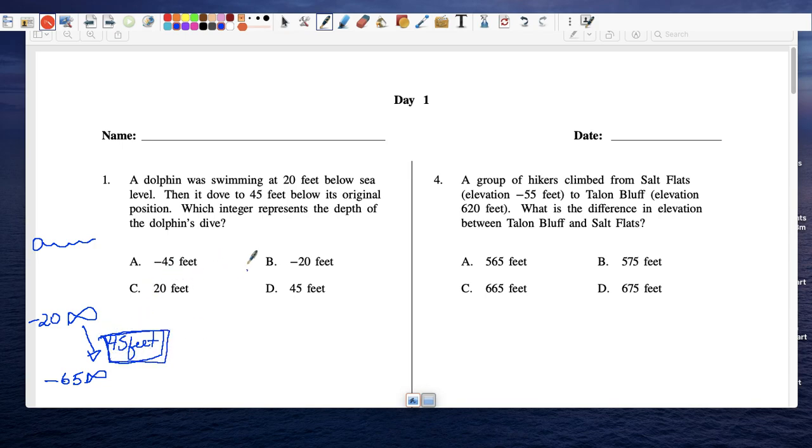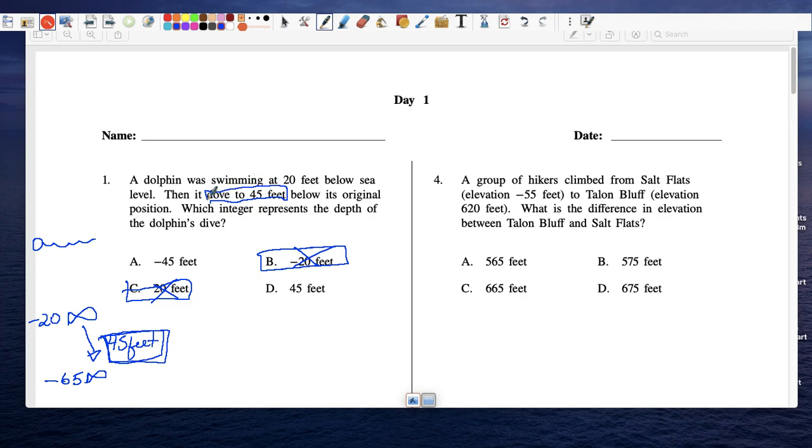Well, let's eliminate the ones that make no sense. It's not C because he didn't dive 20 feet, right? He didn't dive negative 20 feet, because those two have actually nothing to do with the question. Well, here, this is what they're asking.